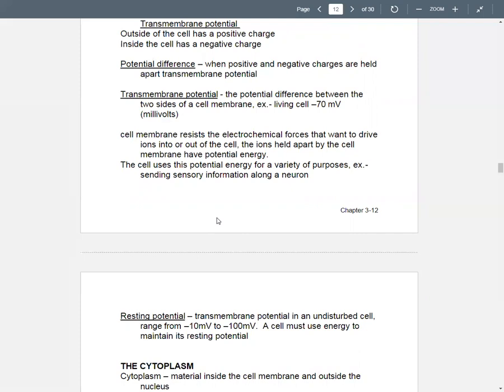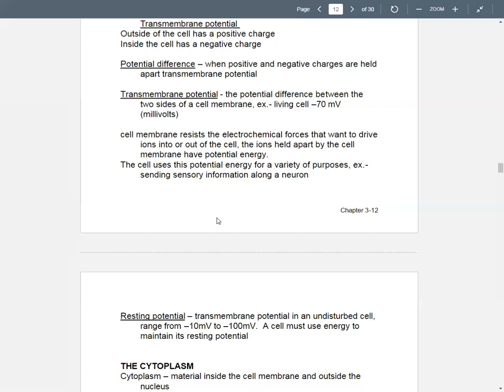When we get to muscle contraction and nerves and all that, we'll talk a lot more about this. But the potential difference between the two sides of a cell membrane in a living cell is considered negative 70 millivolts. That number may not mean much to you now, but when we get to muscle contraction, it will mean a lot more to you.